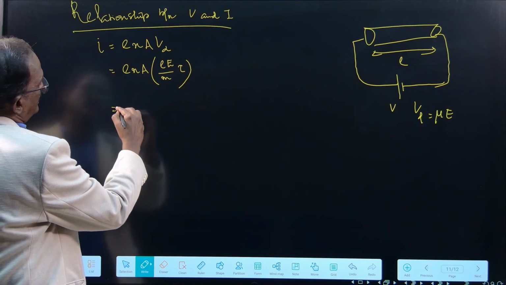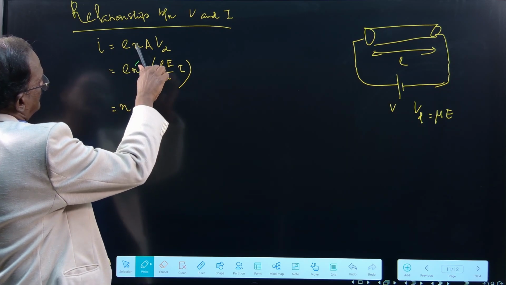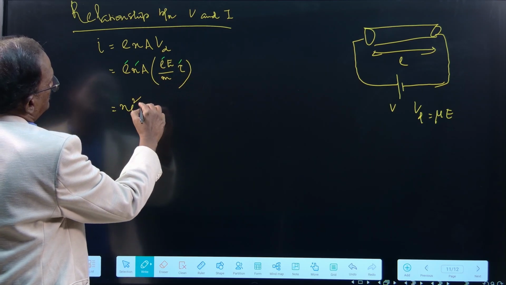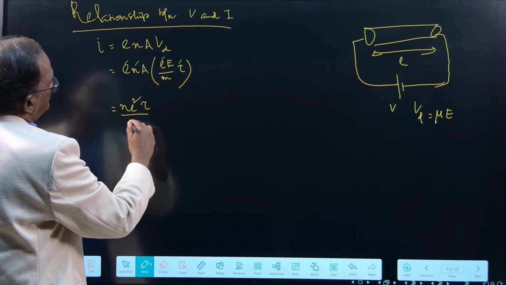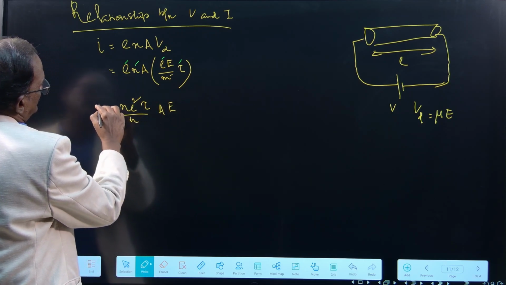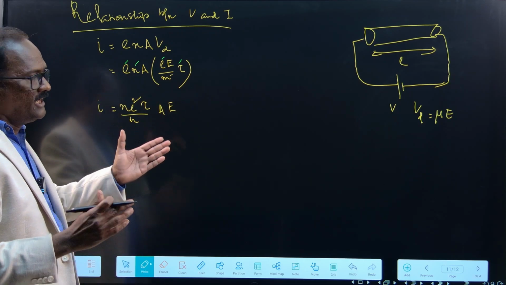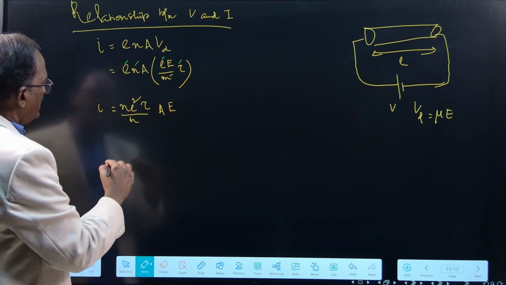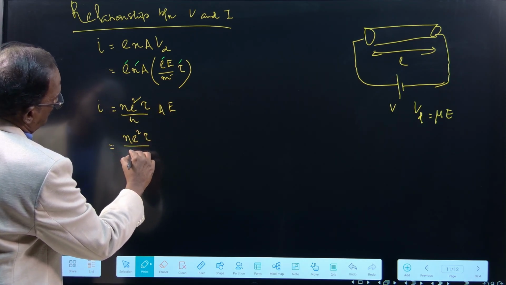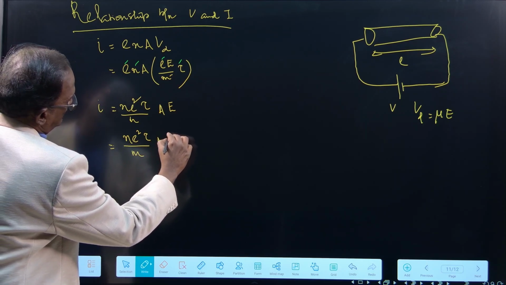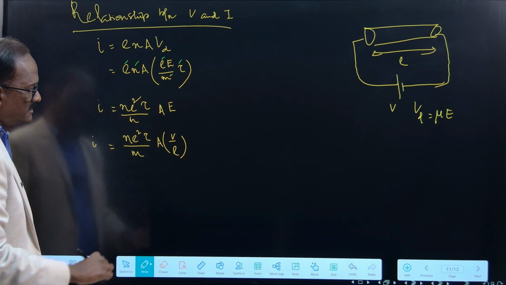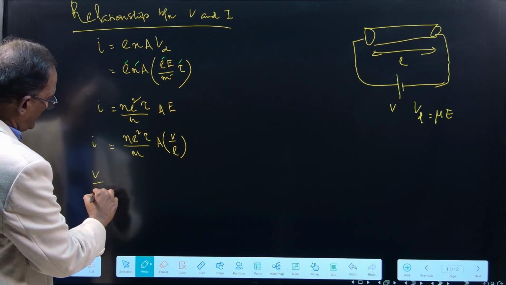This can be rewritten as N, then e square, then tau upon m, then A into E. This is I. Here A I cannot do anything. E I can rewrite as V by L. So I is equal to N e square tau by m A times V by L.